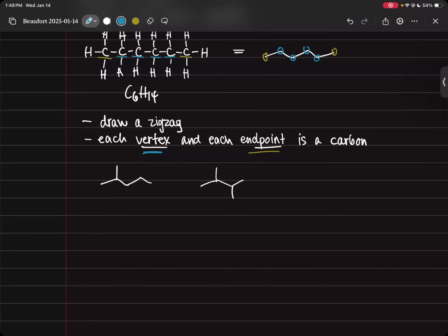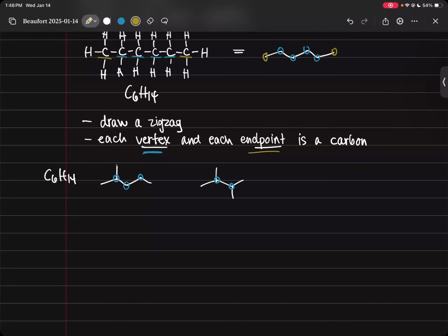Other examples that are also C6H14. Vertexes here. Vertex here and here. Doesn't matter how many lines intersect, just an intersection.